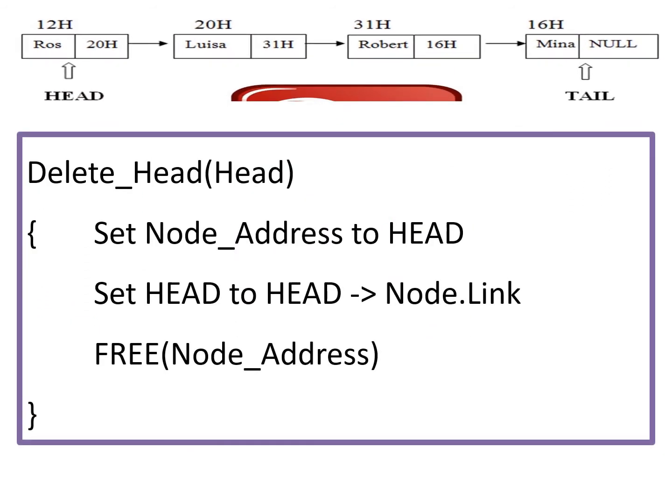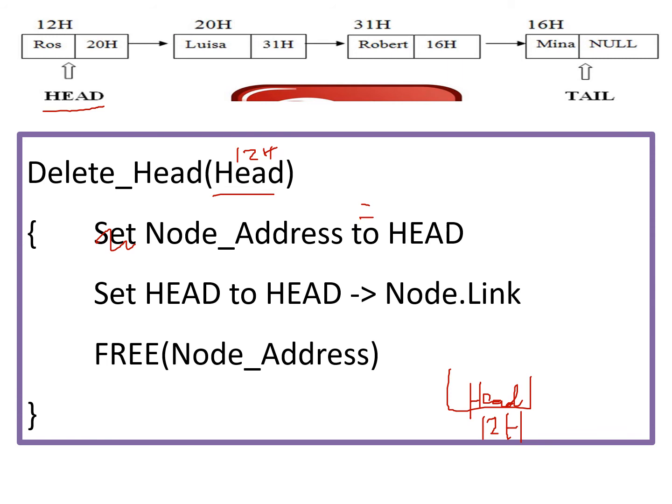So going back, if we're going to delete the node at the head, that means we're going to delete the head, so we have to save the address of the current head. Let us say, for our input parameter, our head is 12H. So we have here in our memory, head is 12H. And then, sabi niya, set node address to head.